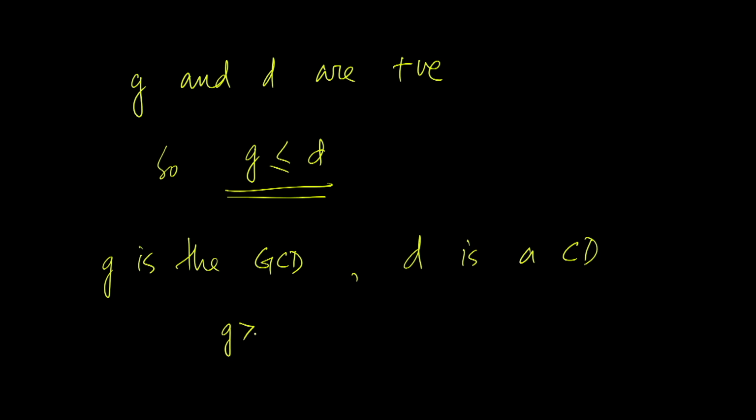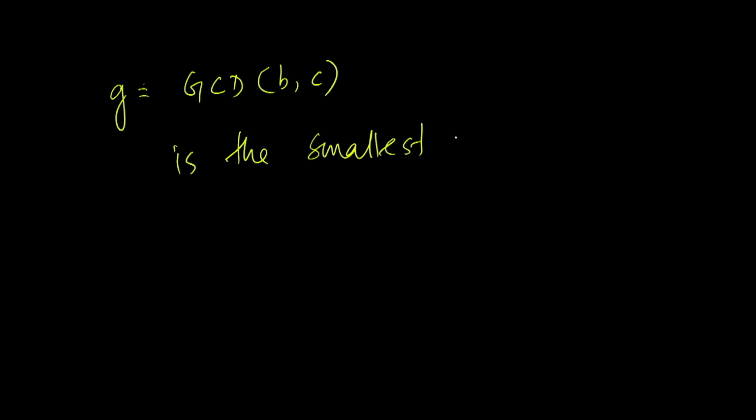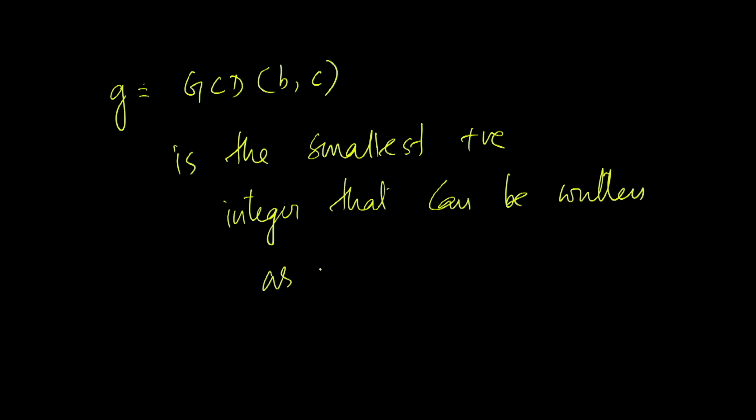Therefore, clearly G is greater than or equal to D. In other words, G is equal to D. Or in other words, the GCD of B and C is the smallest positive integer that can be written as a linear combination of B and C with integer coefficients.